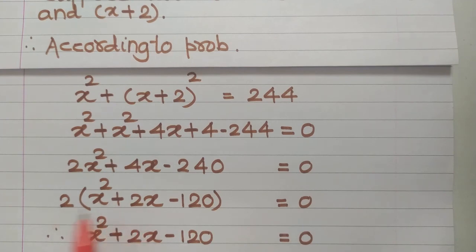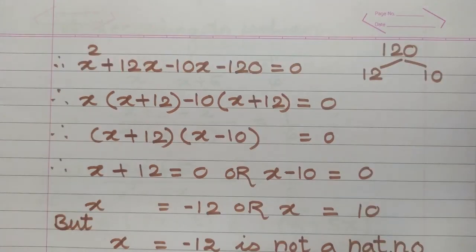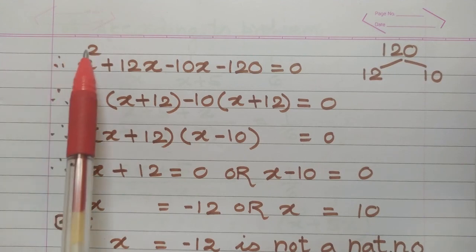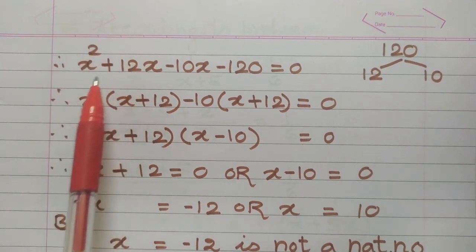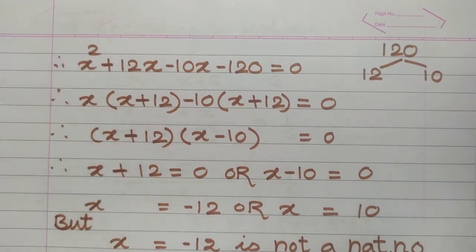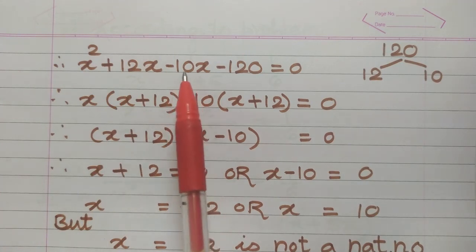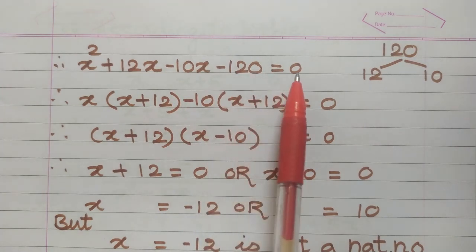Now the product of these two, 2 into this bracket, is equal to 0. But as 2 is not equal to 0, this bracket must be equal to 0. So therefore x square plus 2x minus 120 itself will be equal to 0. Therefore x square plus 12x minus 10x minus 120 is equal to 0.